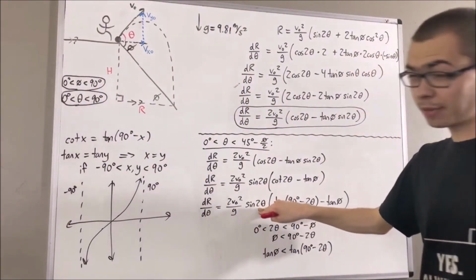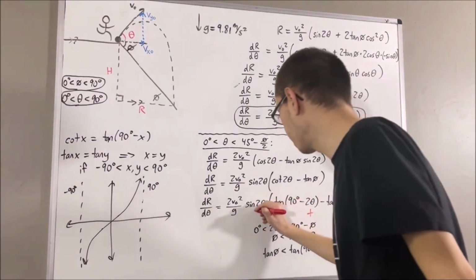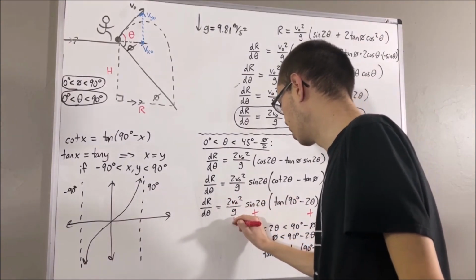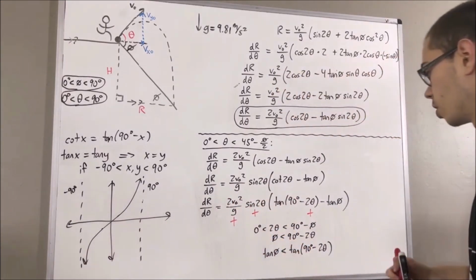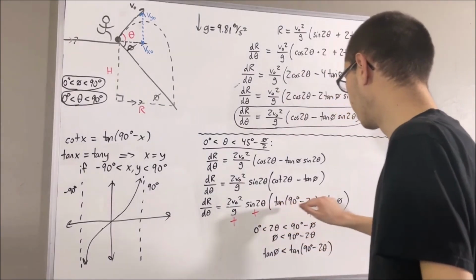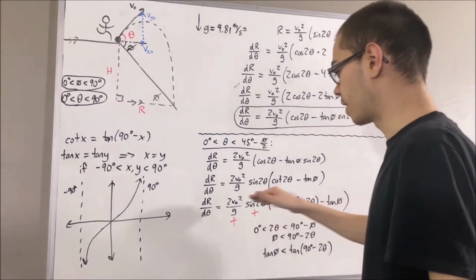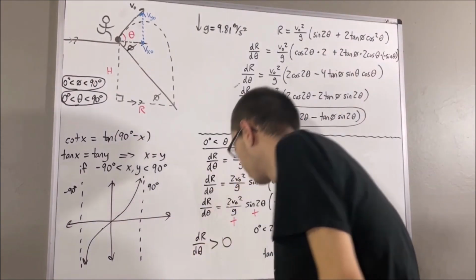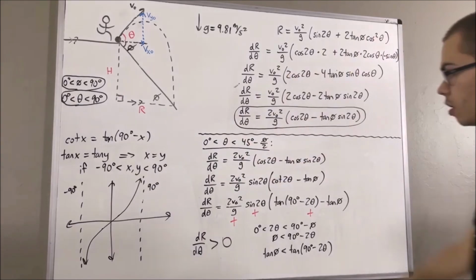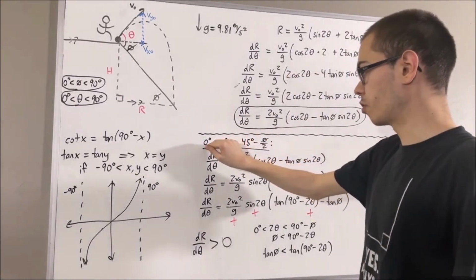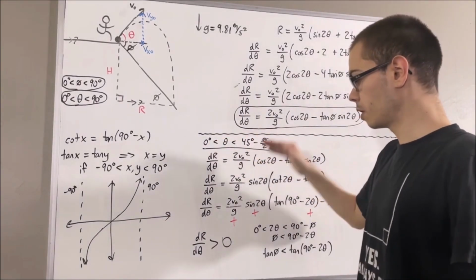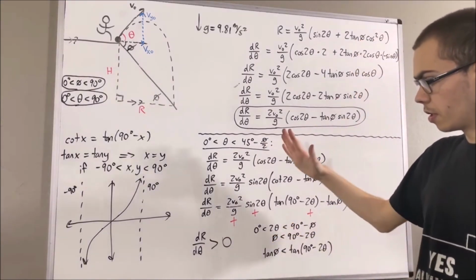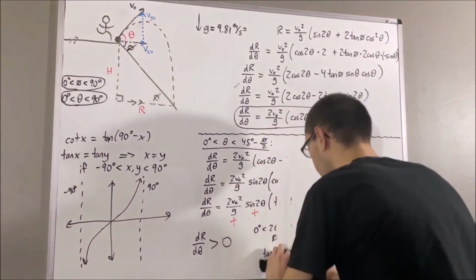The sine of anything between 0 degrees and 180 degrees is positive, so this is positive. And of course, 2v0 squared over g is positive as well. So overall, when we multiply these together, we have that dr over d theta is positive. And so, this shows if theta is between 0 degrees and 45 degrees minus phi over 2, the derivative is positive. So now, let's consider the other possibility.